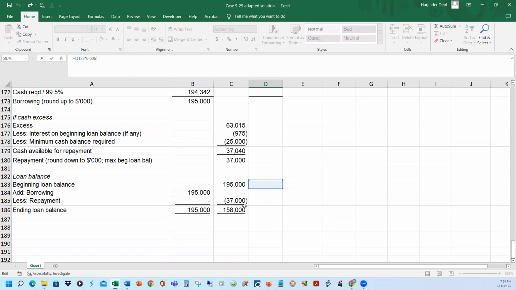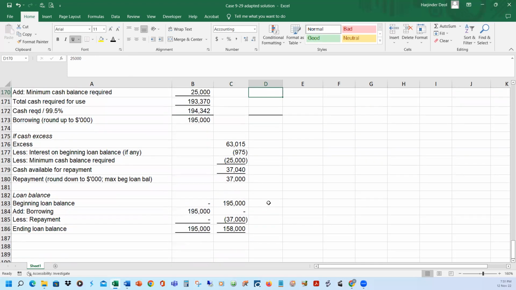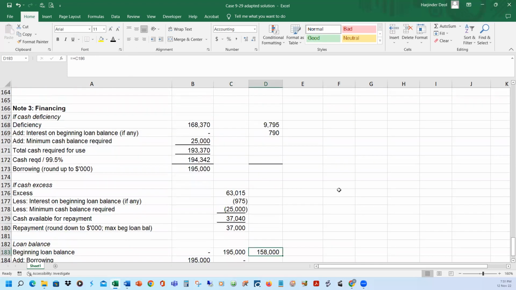So 0.5% of that 158,000 beginning loan balance we need to provide. And there is the issue of making sure that we have a minimum cash balance of 25,000. So all in, we need cash amounting to $35,585 that we should be able to use.